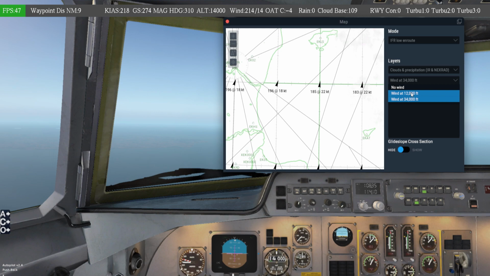Then I really can't use the information from 12,000 feet or at flight level 340.